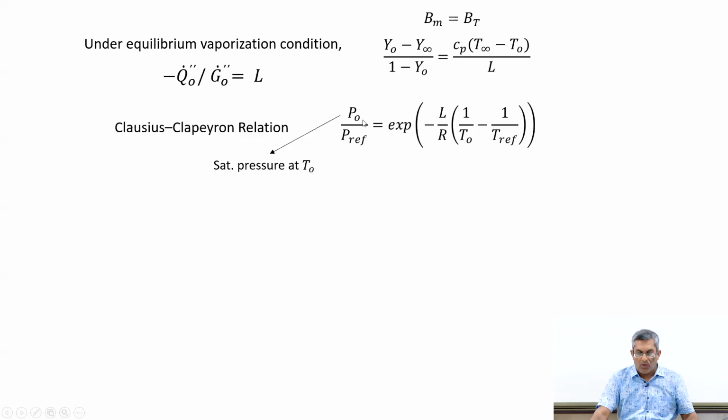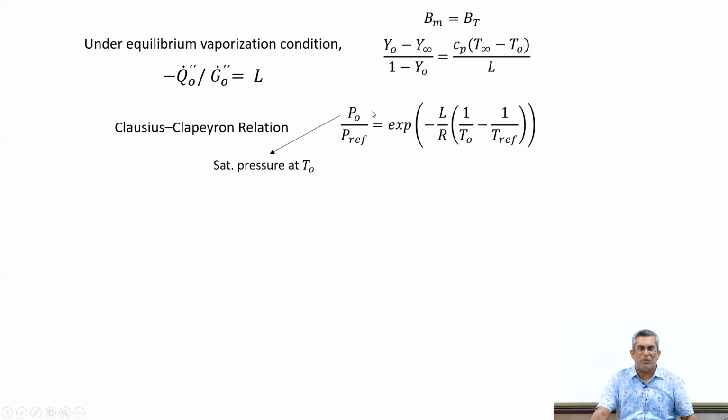Now, for that we need to know the saturation pressure itself, and that we get through the Clausius equation. Here the P reference, T reference refer to some reference condition. Again, in this example of a water droplet evaporating under ambient condition, we can take P reference, T reference corresponding to the ambient condition of 1 bar, 25 degree.